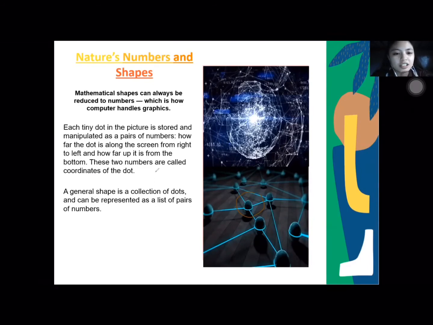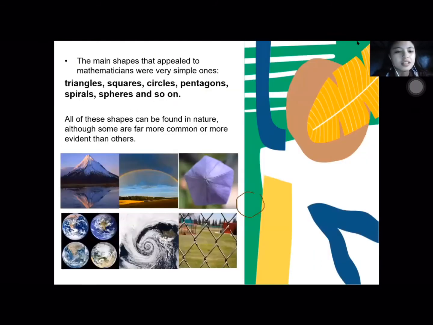A general shape is a collection of dots and can be represented as a list of pairs of numbers. Next, the main shapes that appealed to mathematicians were very simple ones: triangles, squares, circles, pentagons, spirals, spheres, and so on. All of these shapes can be found in nature, although some are far more common or more evident than others.